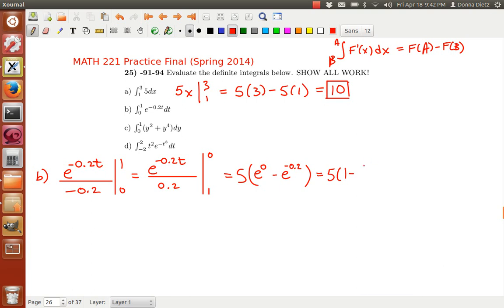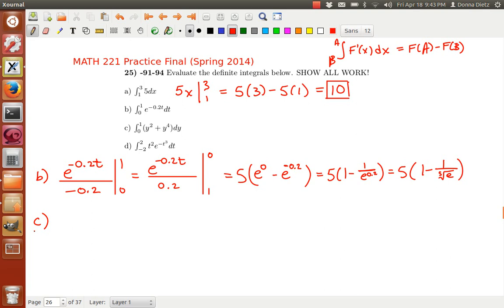And then this negative sign here turns into this fraction bar, e to the 0.2. It's actually the 5th root. You don't have to do all these steps. Okay, I'm just doing it to be complete. Right?